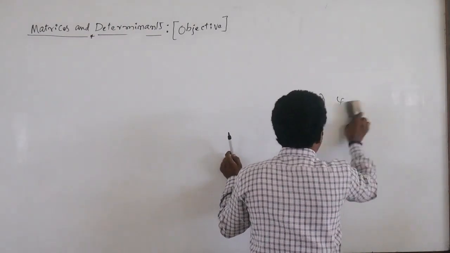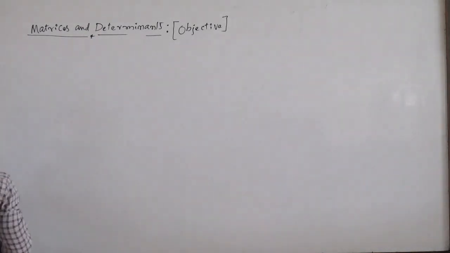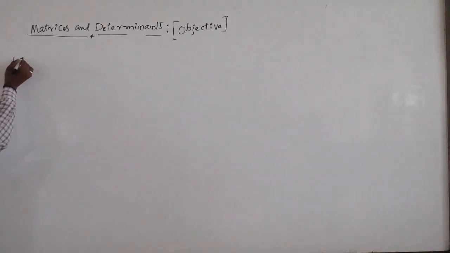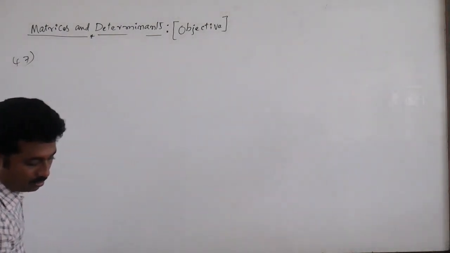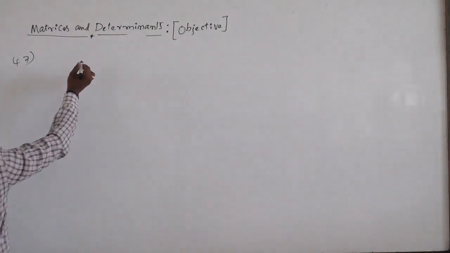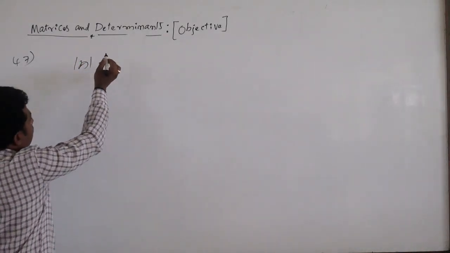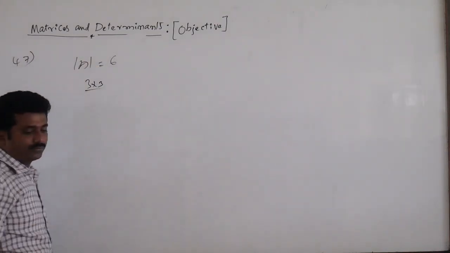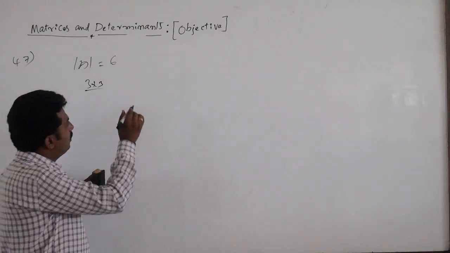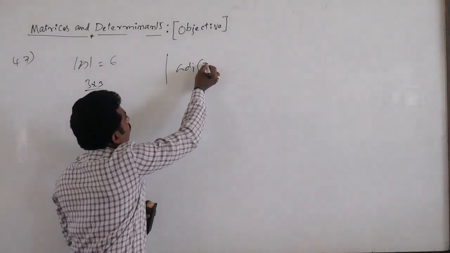Number 47. If the determinant of A equals 6, and this matrix is of order 3 by 3, then what is the determinant of adjoint of 2A?